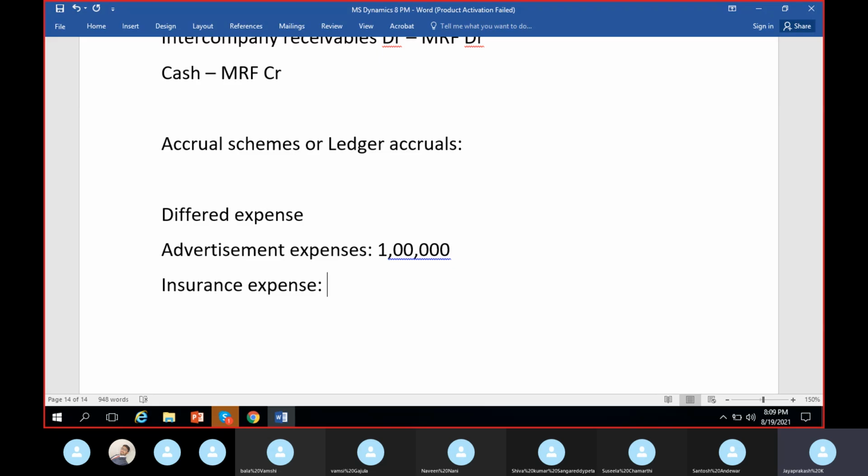You apply to an insurance company and pay the 5 years' premium right now itself, a complete amount of something like 6,000 or 7,000. For that 7,000 you will have the obligation that whenever your bike meets with an accident in the next 5 years, you will get a refund, or if your bike is lost, you will get the refund from the insurance company.